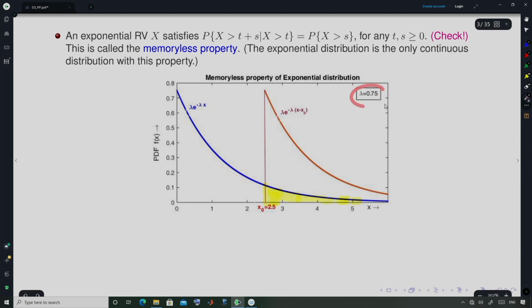Here we have taken lambda to be 0.5, so it starts at 0.75 and then decreases. That is the typical pattern. This curve is lambda times e to the power minus lambda x.